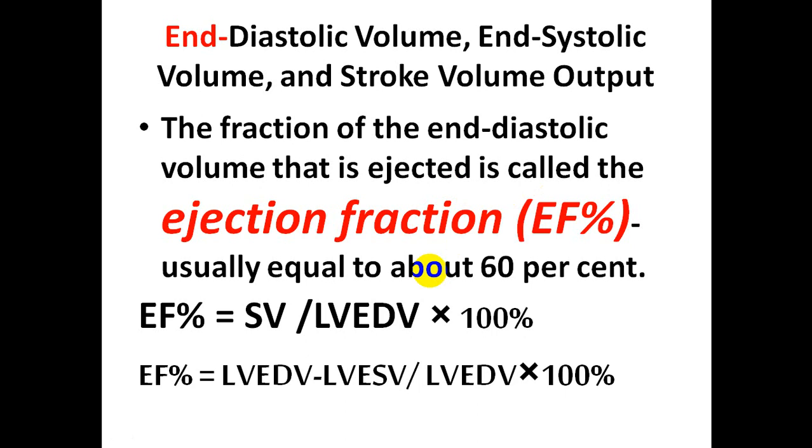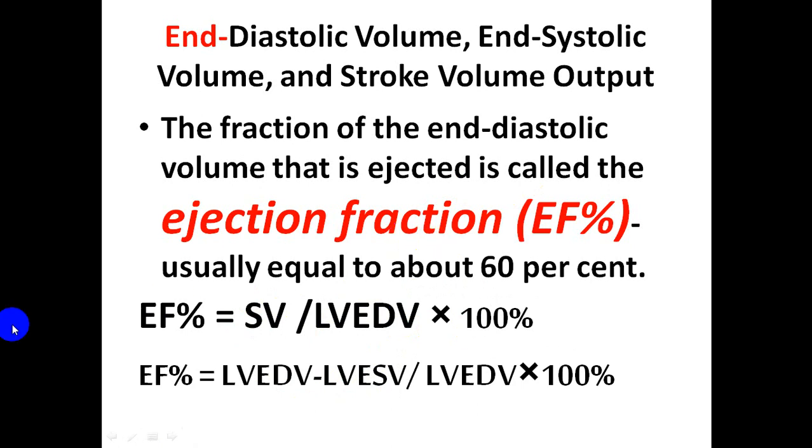If we subtract the end systolic from the end diastolic volume, this amount is called stroke volume. And what proportion of the left ventricular end diastolic volume is the stroke volume? Put stroke volume over left ventricular end diastolic volume times 100, and that gives a percent. This is called ejection fraction.